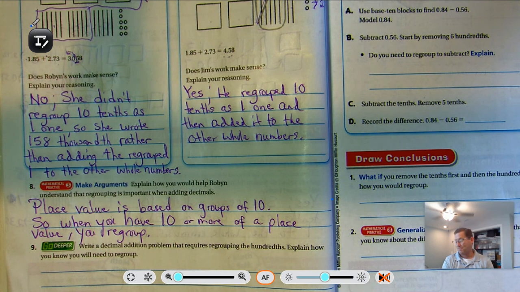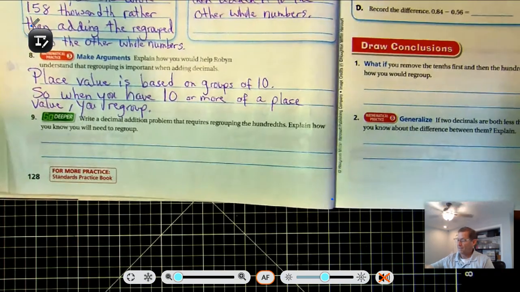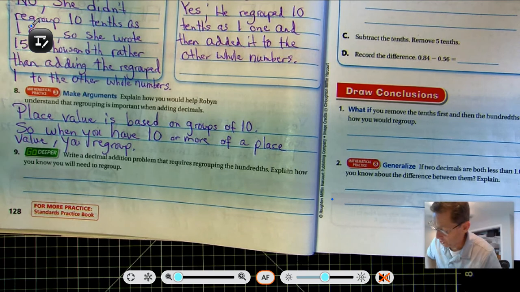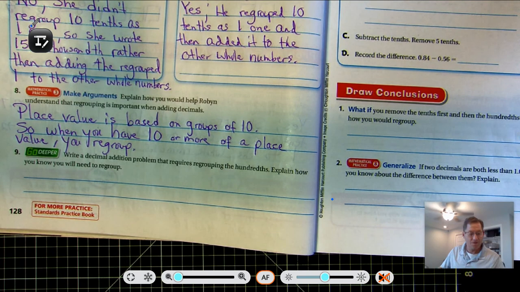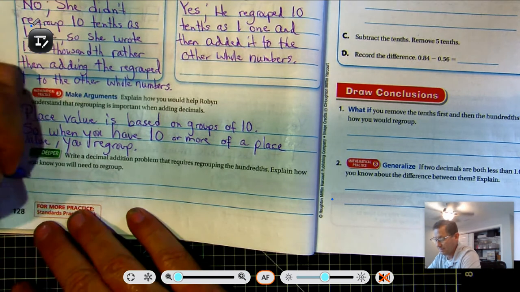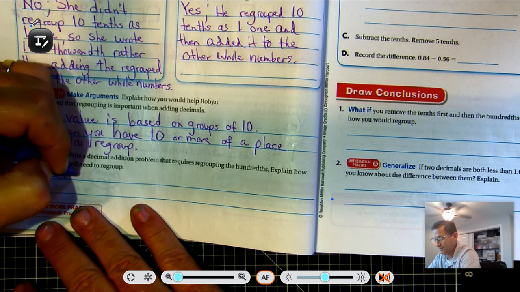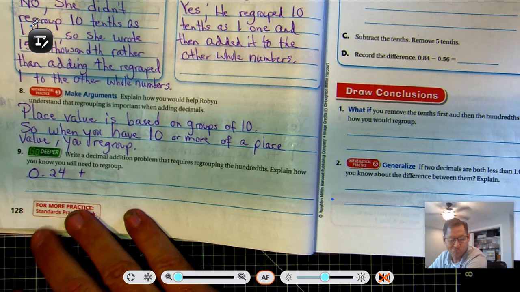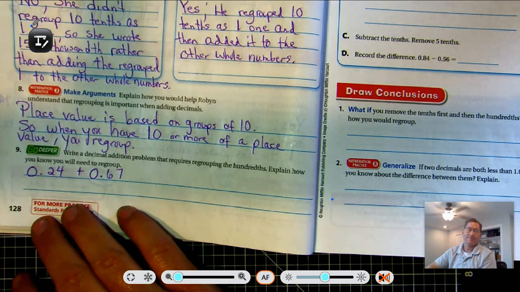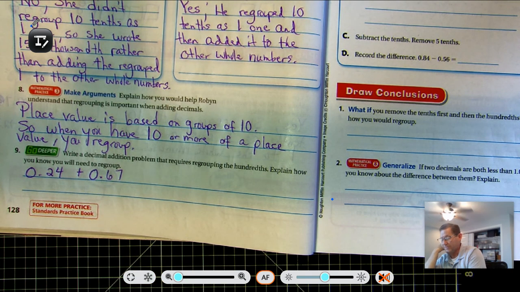All right, number 9. Write a decimal addition problem that requires regrouping the hundredths. Explain how you know you will need to regroup. Well, there's tons of different possibilities. Let's see. 24 hundredths plus 67 hundredths. Now, how do I know that I have to regroup the hundredths?